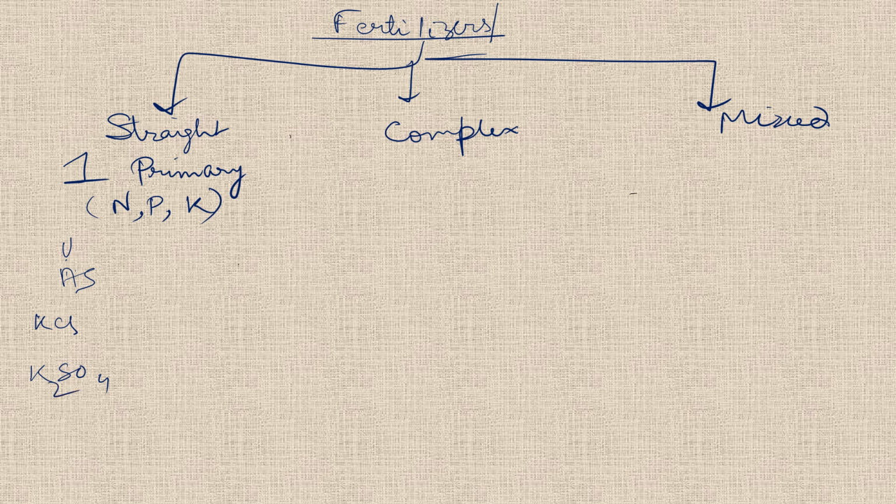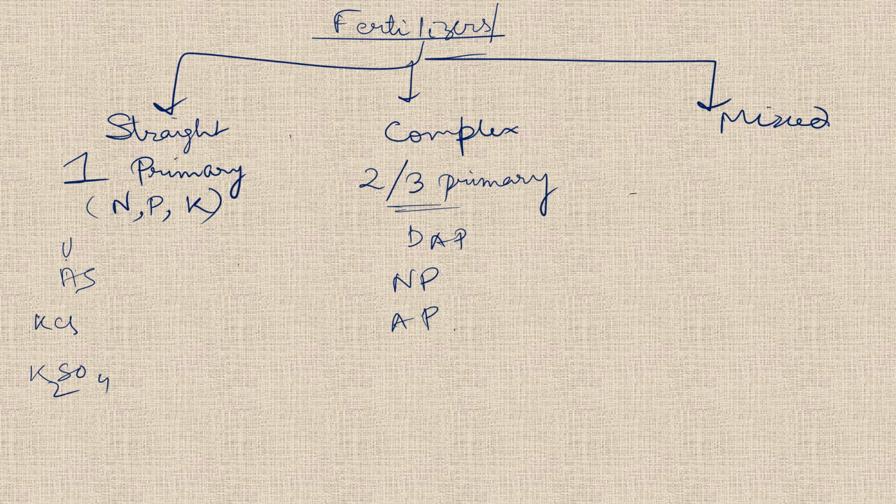And complex fertilizers are those that contain two or three primary plant nutrients, that means more than one, and they are in a particular chemical combination. Examples are DAP, nitrophosphates, ammonium phosphate.